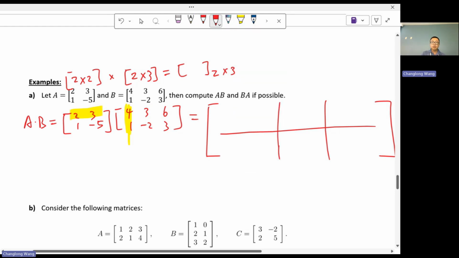What you do is 2 times 4 plus 3 times 1. And what do you get? 11, right? So first row, first column of the matrix, once you multiply A and B, it will be 11. You get that? Right?